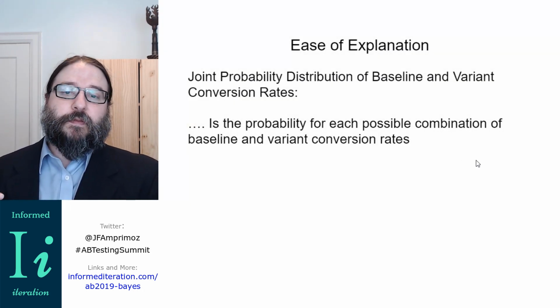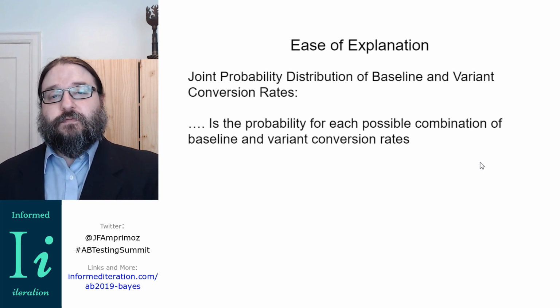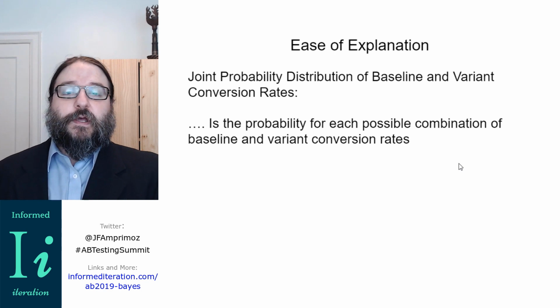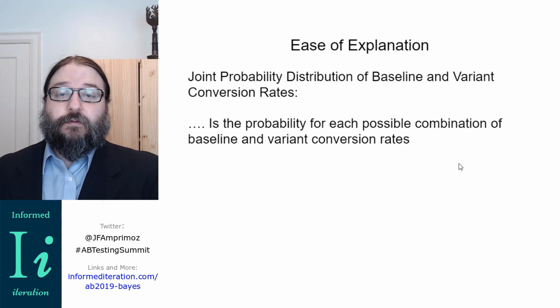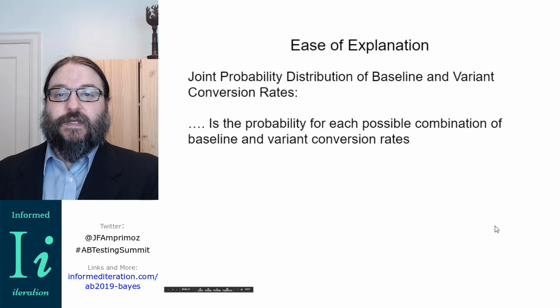Now, the next step is to do the same process with the baseline conversion rate. And once you've got your baseline conversion rate distribution and your variant distribution, you put them together into that joint probability curve that we talked about. So we have a good way to look at that I'm going to call up in just a second here.